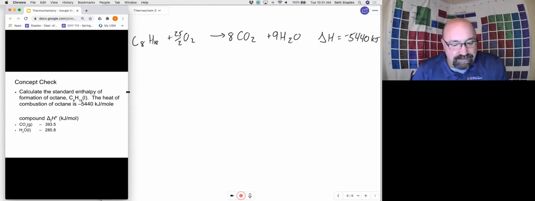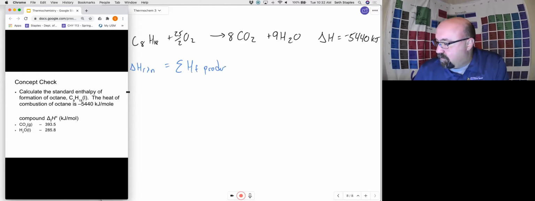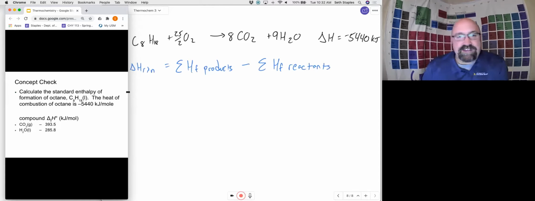And so let's take a look then at what we want to do here. Remember that when we're looking at heats of formation, the delta H of a reaction is going to be equal to the sum of the delta HF of our products minus the sum of the delta HF of our reactants.